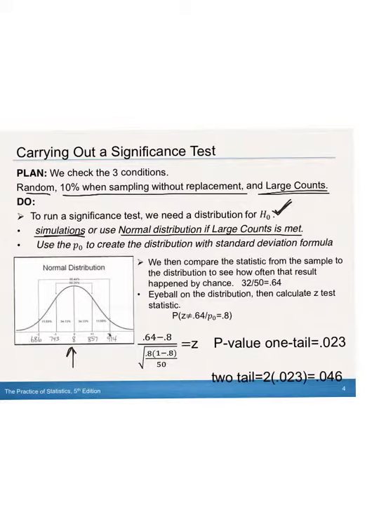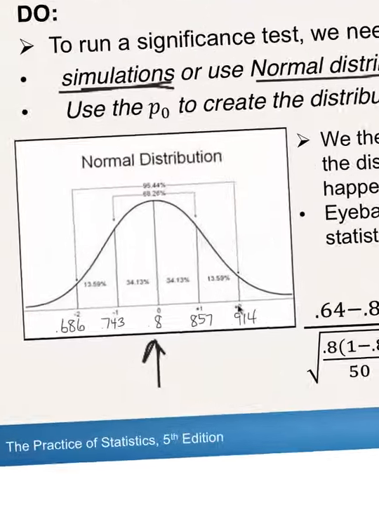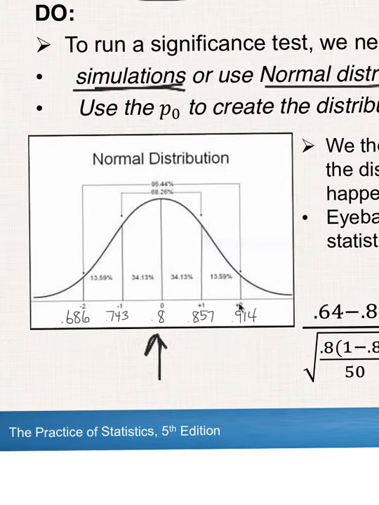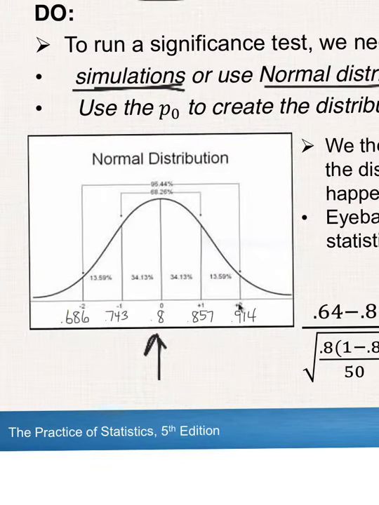I've created that distribution for us right here. We're interested in finding the probability that he got a 0.64, which is about there. But since we're interested in both whether he's less than 80 or greater than 80, we're going to look at that symmetrically on both sides.